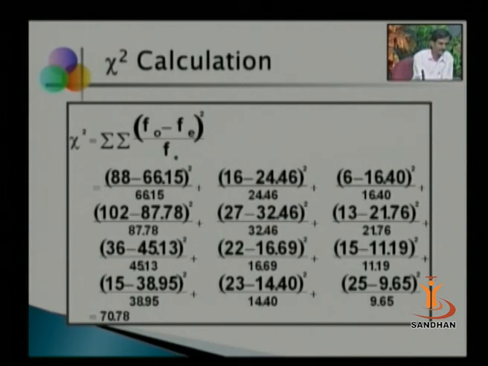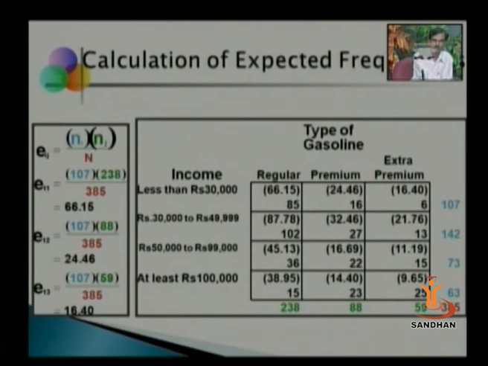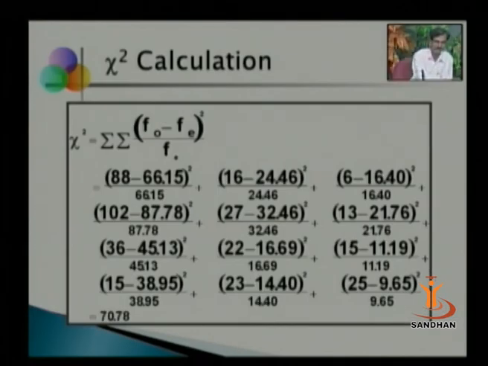The test statistic is chi-square equals double summation of (O_ij minus E_ij) square upon E_ij.